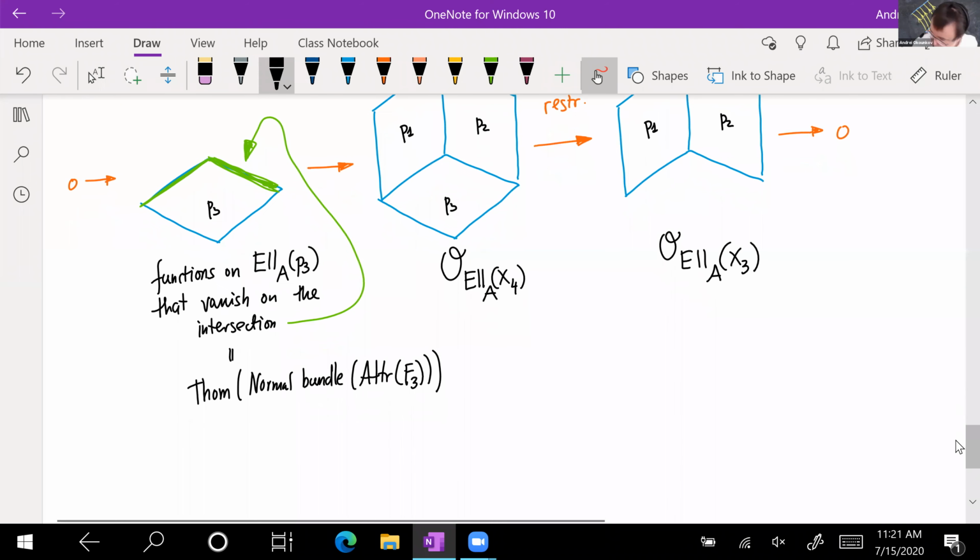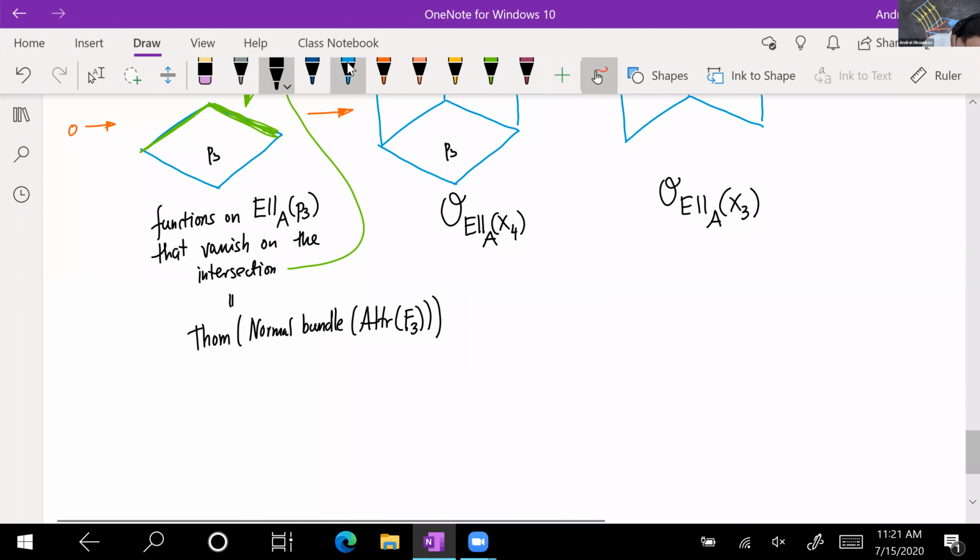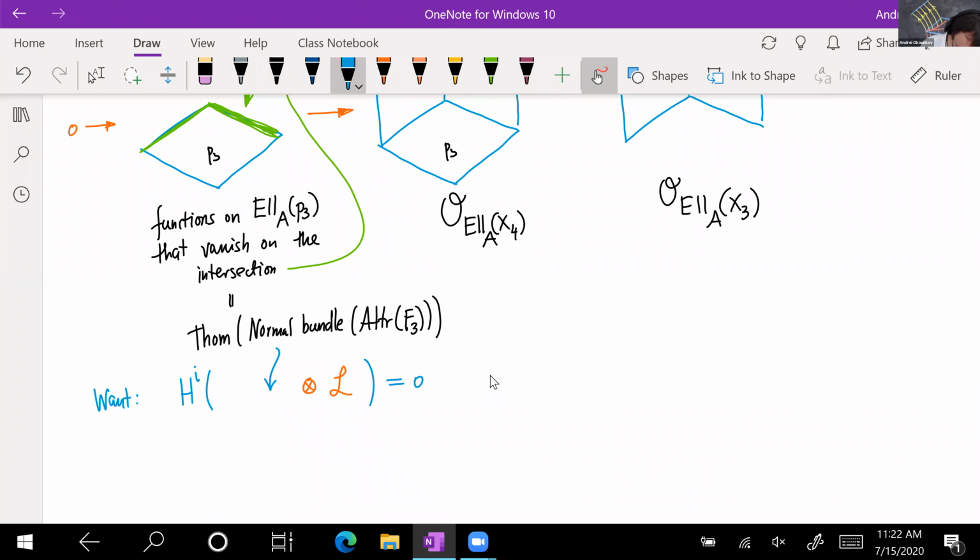Okay, so let me get a drink of water. And what we would like to have is the first and the second cohomology of this tensor some line bundle L. We would like this to be 0 for i equal 0 and 1.